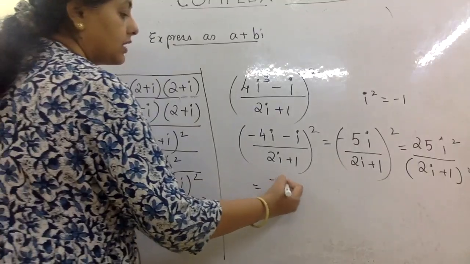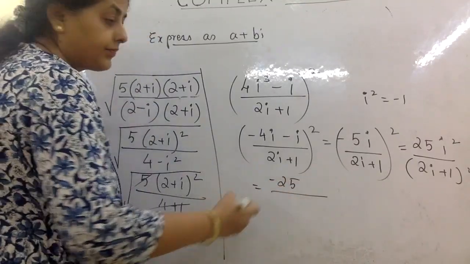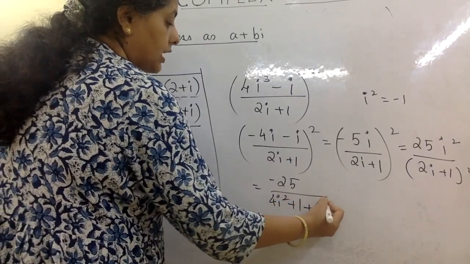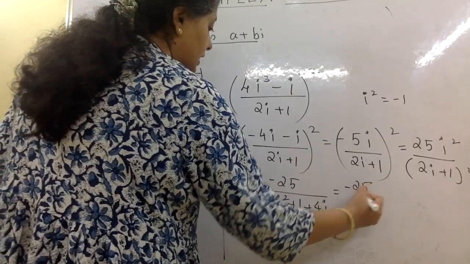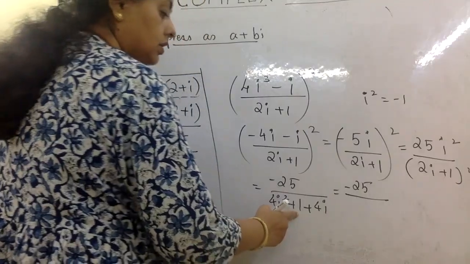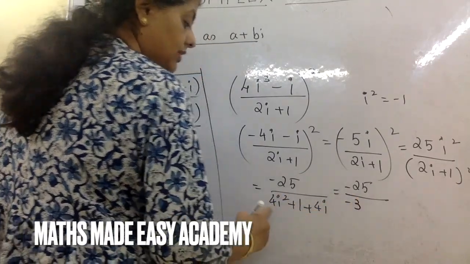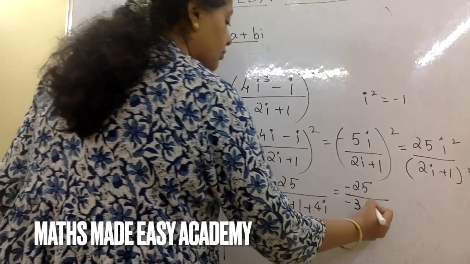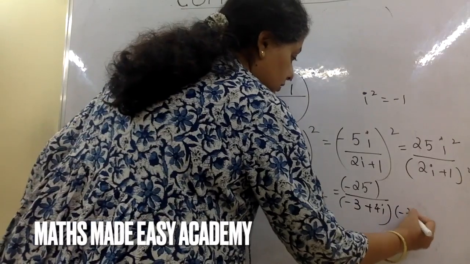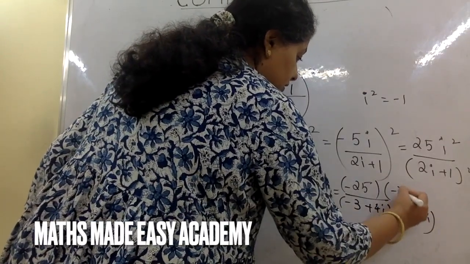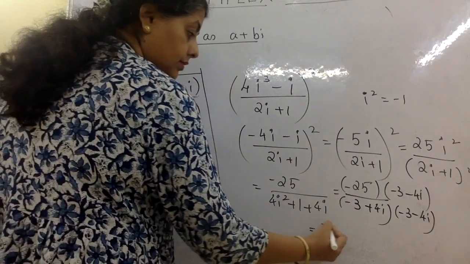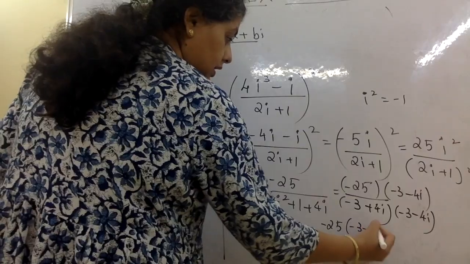That is minus 25 by 4i square plus 1 plus 4i, which is minus 25, and here minus 4, this is minus 3. It becomes, with this plus 4i, minus 3 plus 4i. So that is minus 25 over minus 3 plus 4i.